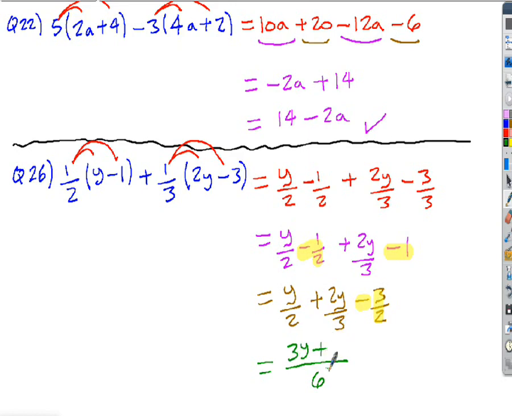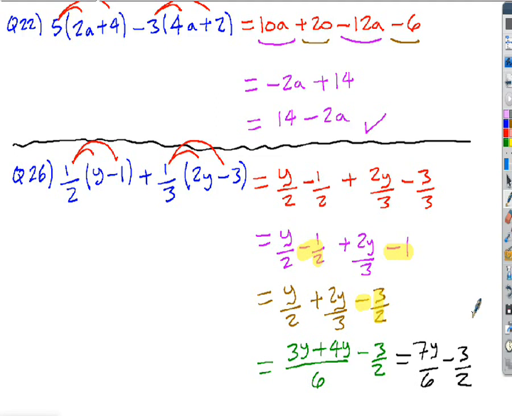How many times does 3 divide into 6? 3 divides into 6 twice, so I multiply the numerator by 2, so that's plus 4y. I've still got my negative 3 upon 2. But now I can simplify finally to 3y plus 4y is 7y upon 6 minus 3 upon 2.